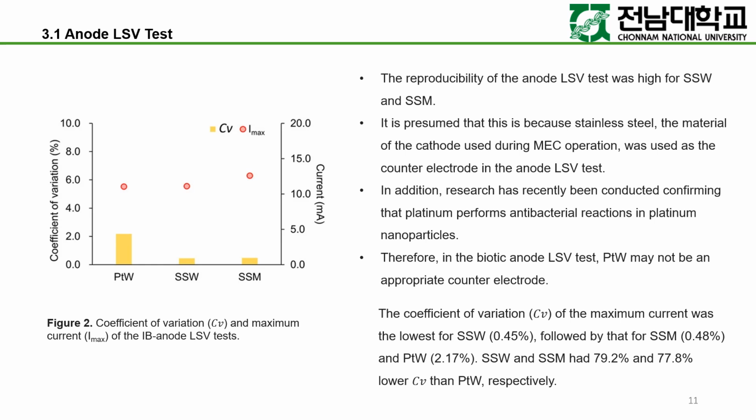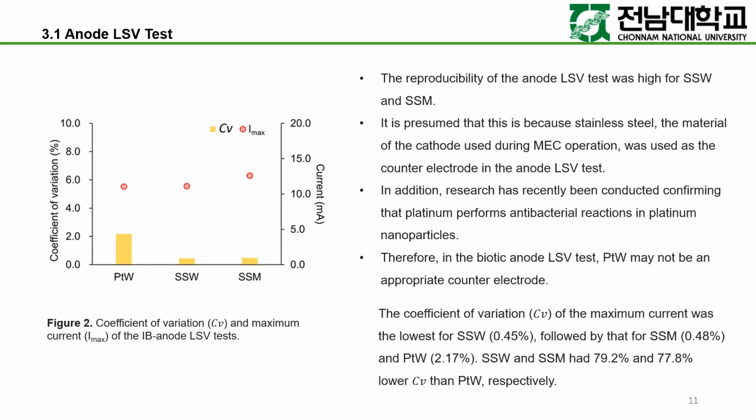In addition, research has recently been conducted confirming that platinum performs antibacterial reactions in platinum nanoparticles. Therefore, in the biotic anode LSV test, point W may not be an appropriate counter-electrode. As can be seen in the last table, the slope of the LSV curve was also confirmed to have high reproducibility in SSW and SSM.